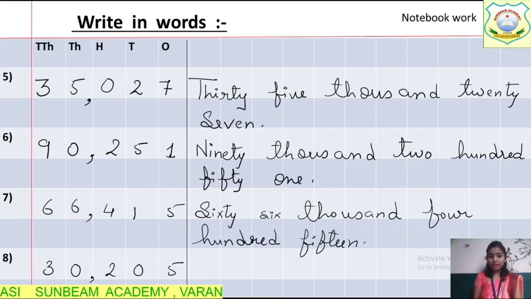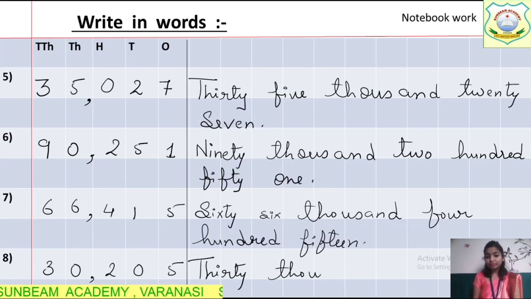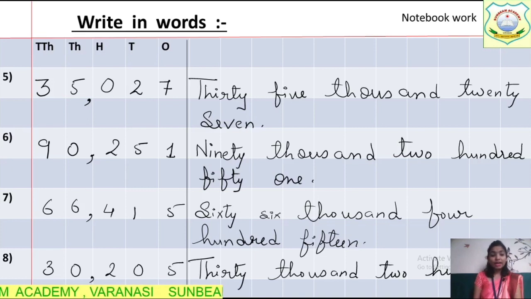So we need to write 30. THIRTY 30,000. Then we have 200. 2 is at which place? Hundreds. 200. Then we have 5. We don't have anything at the tens place. So 30,205. So full stop. So this is your class work.